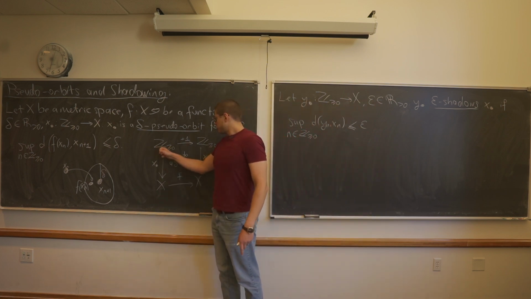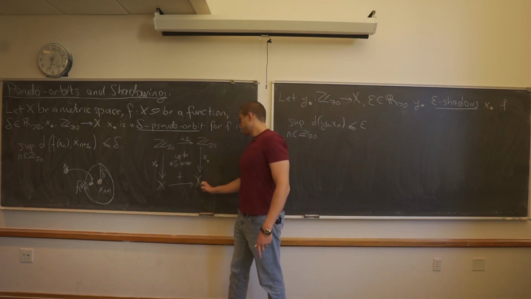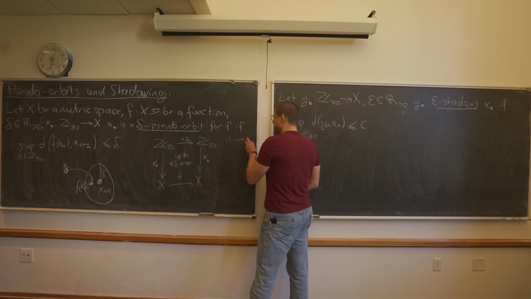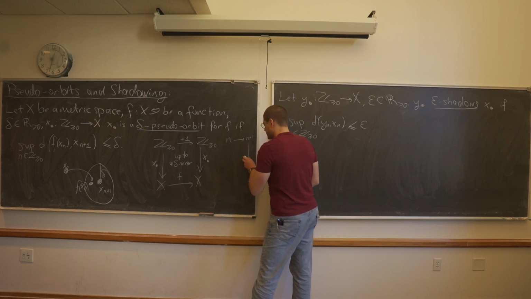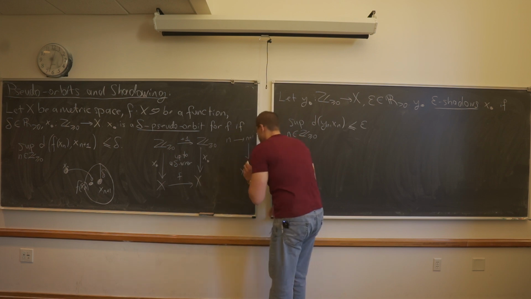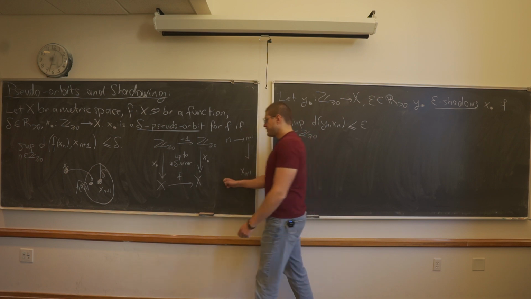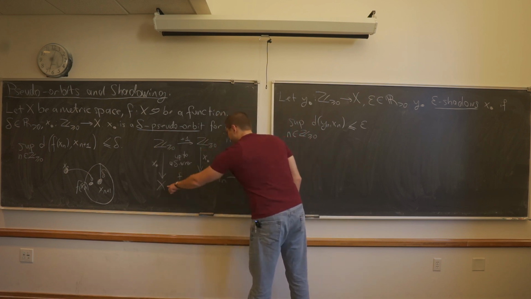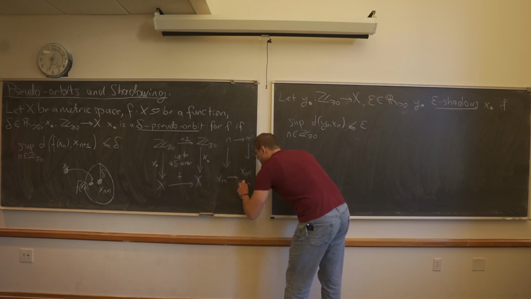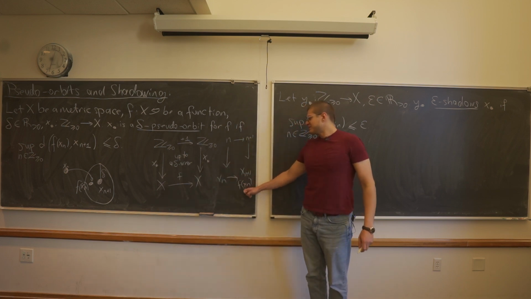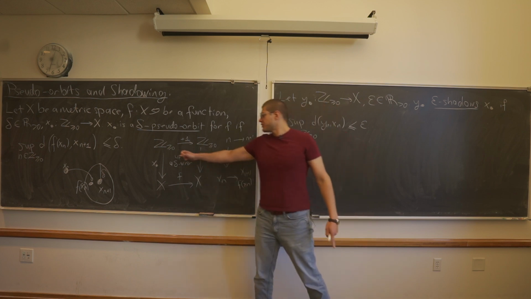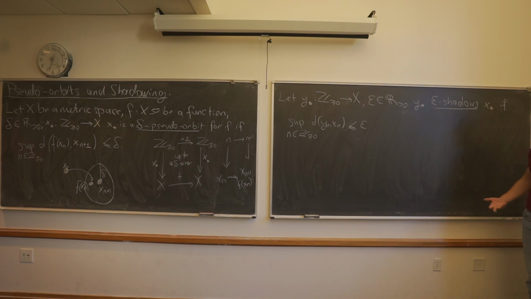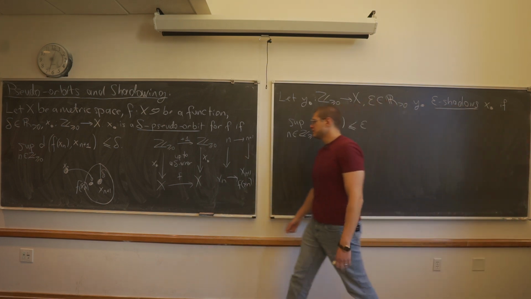So if I were to start with n here, it goes to n plus 1, and then if I apply this map, I get the n plus first term. But instead, if I were to go this way first, I have x sub n, and of course, if I were to apply f to it, I would get f of x_n. And I'm saying that basically these two things should be the same. So that's why I wrote here, up to a delta error.